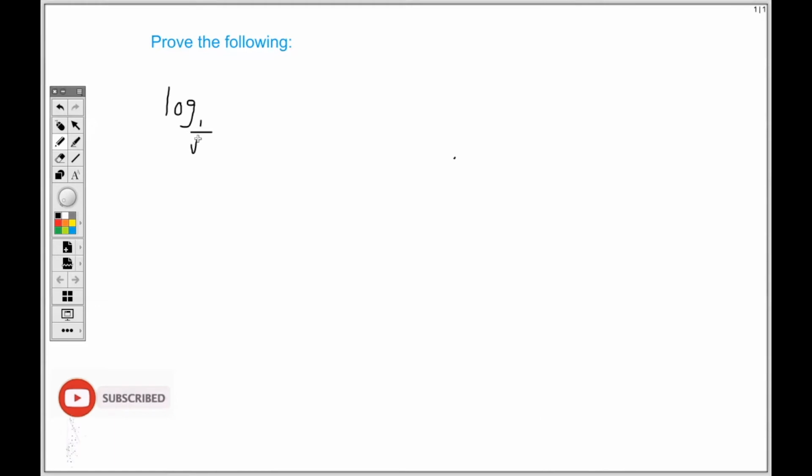The next question, we have log base 1 over root b of the square root of x is equal to negative log base b of x. Now, just as before, the first thing, I need to see the power.